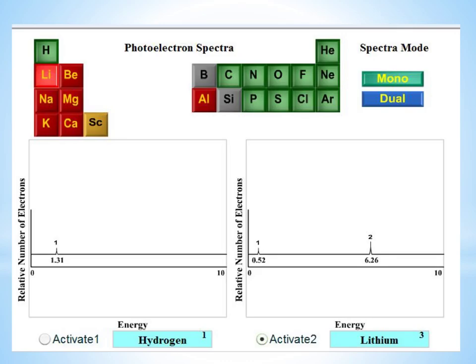Here are hydrogen and lithium. What you can see right away is that hydrogen, which is a 1s1, and lithium, which is 1s2, 2s1, the 1 electron in the valence shell is indeed represented by this peak that's lowest in energy. But notice that lithium's number is much smaller than hydrogen's number because it's on the 2nd energy level.